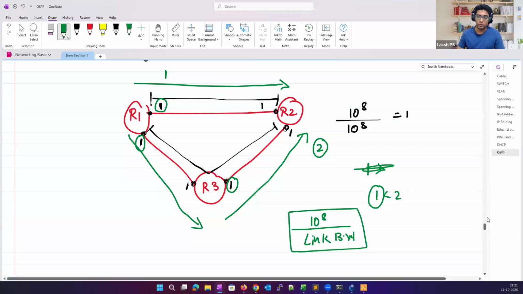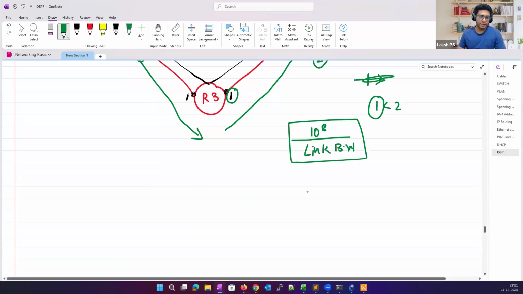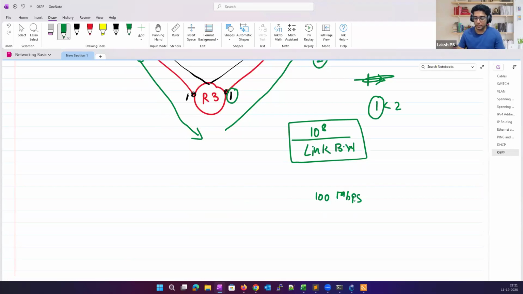Okay, now you may think, this is only a 100 Mbps link. We have seen there are links which are 1 Gbps, 10 Gbps, 100 Gbps, or 1000 Gbps. In such a scenario, what is going to happen?